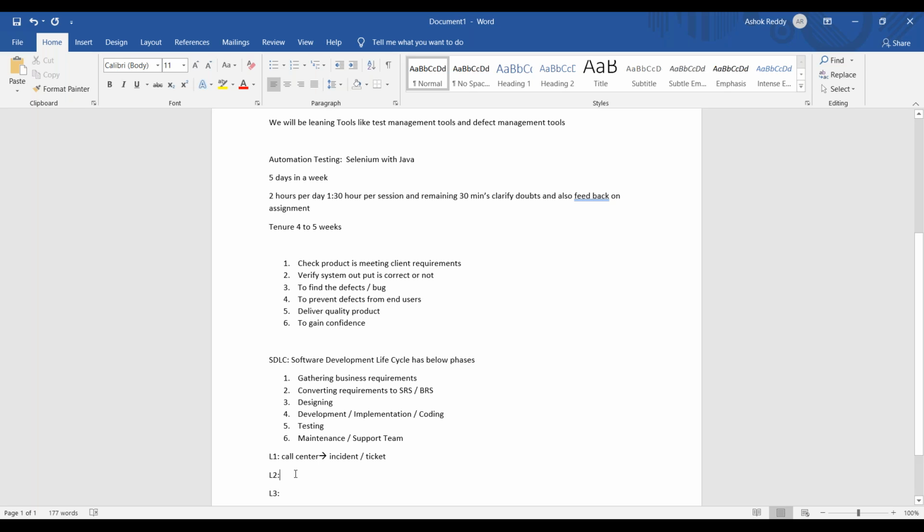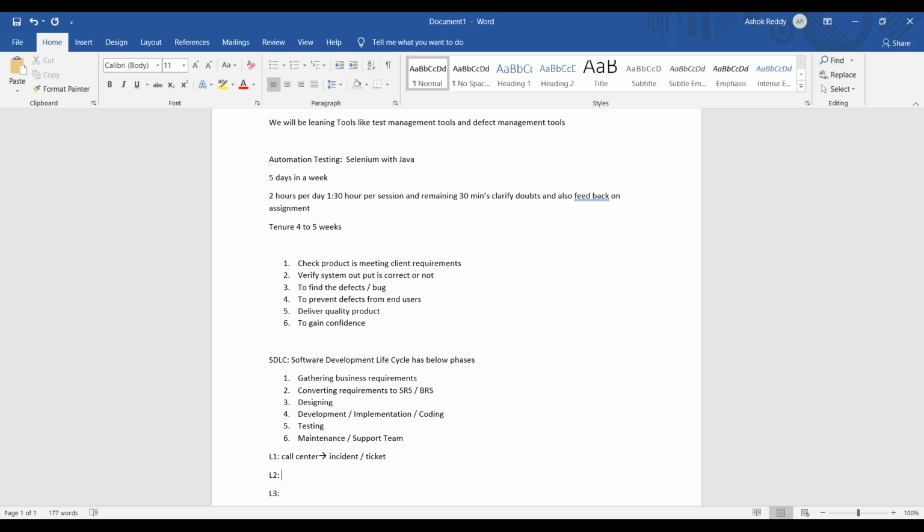So incident is created, ticket is there, and L2 guy will do the analysis whether this issue is happening only for Dhanshree or it is also happening for other customers. Or maybe the customer would have entered 10,000, but mistakenly thinks they entered only 1,000. So the L2 guy's role is to do the analysis and understand, is it something wrong with the system or is it a misunderstanding from the customer.